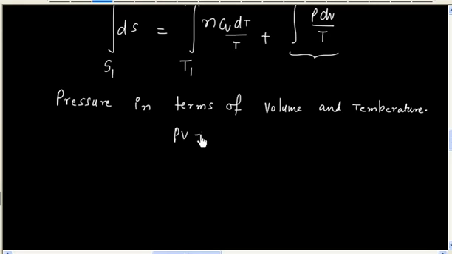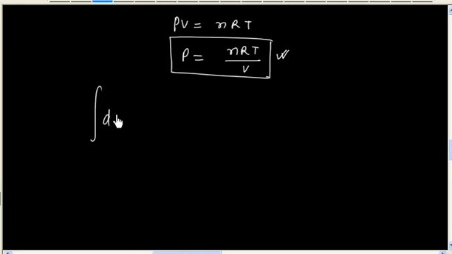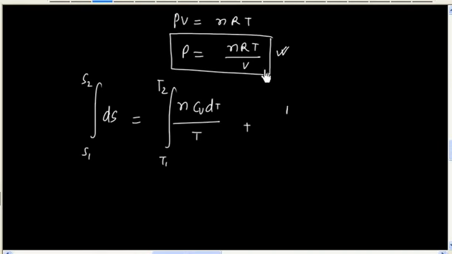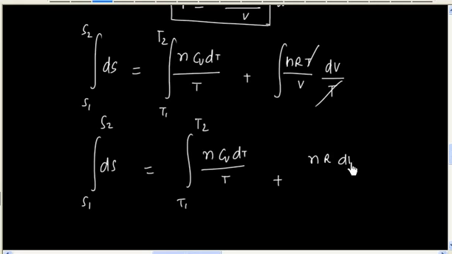This can be done by applying PV is equal to nRT, so P is equal to nRT by V. If I plug this value into P dV by T, P becomes nRT by V, times dV by T. So T cancels, and we will have nR dV by V.